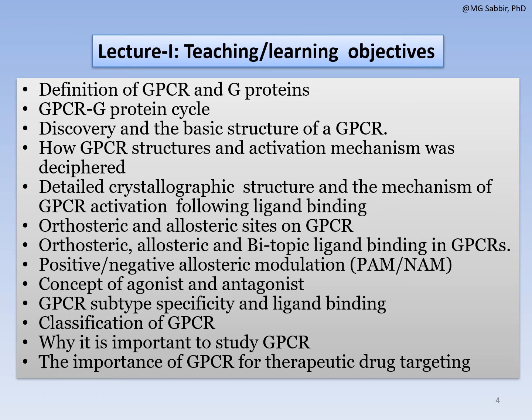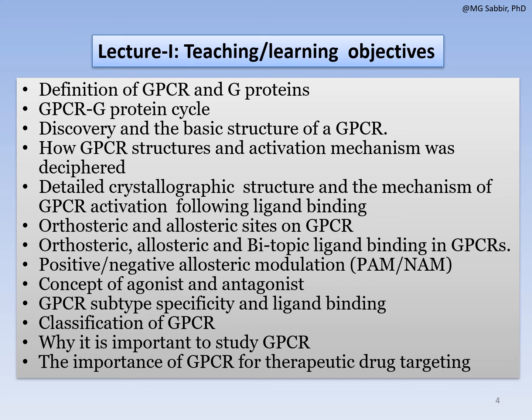Then I'll discuss the discovery and the basic structure of a GPCR and how GPCR structures and activation mechanism were deciphered. Then the detailed crystallographic structure of the GPCR and the mechanism of activation following ligand binding. Then I'll talk about orthosteric and allosteric sites on the GPCR, and orthosteric, allosteric, and bitopic ligand binding in the GPCRs.